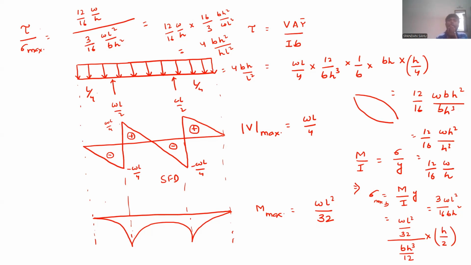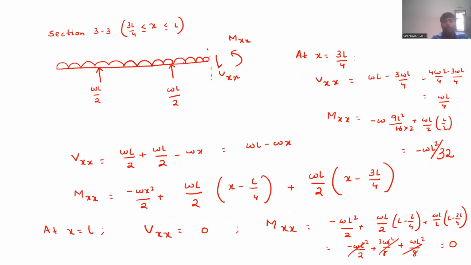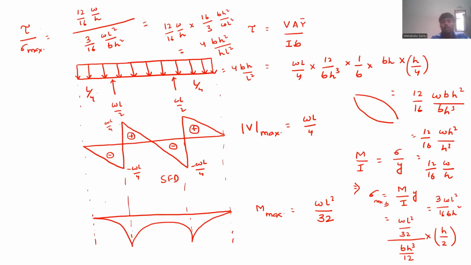So we are getting the ratio of shear stress to bending or normal stress equal to 4BH upon L square. Just check if you are getting it correct or wrong, and simplify it and tell me the value.